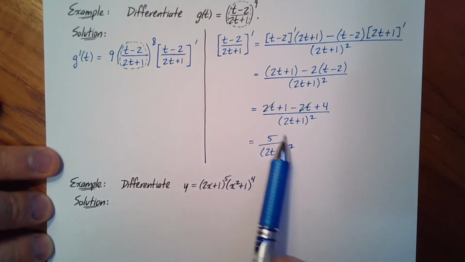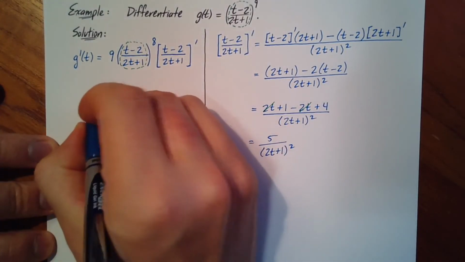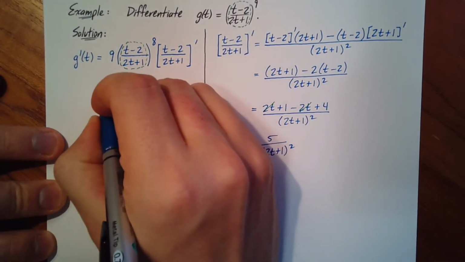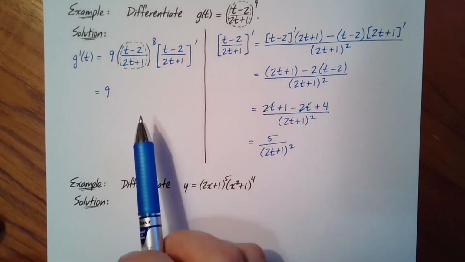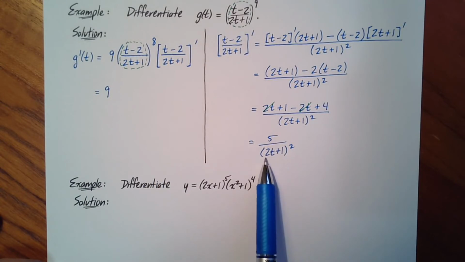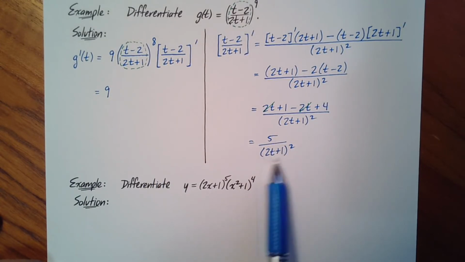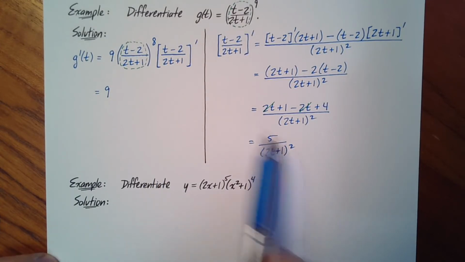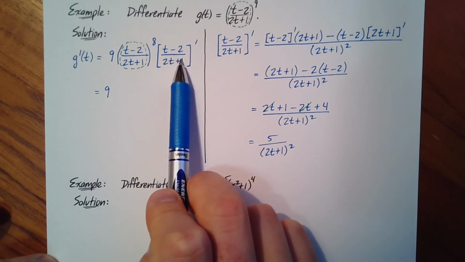So now let's put this back in and we can finish our main problem here. So we get 9. And before I go any further, notice that when we put this 5 over (2t plus 1) squared, this is a power of 2t plus 1 that's going to show up in the denominator down here.